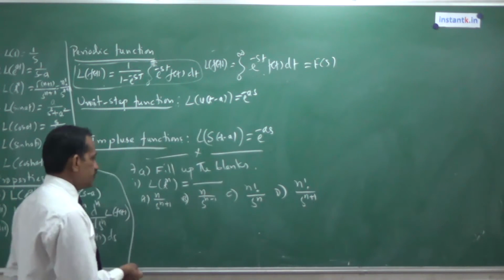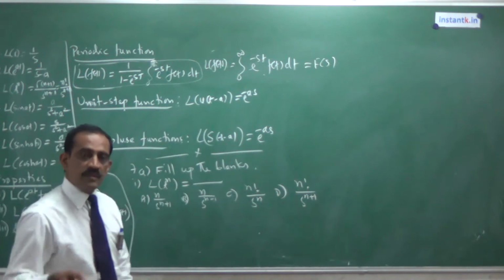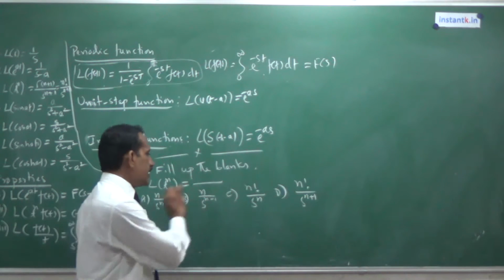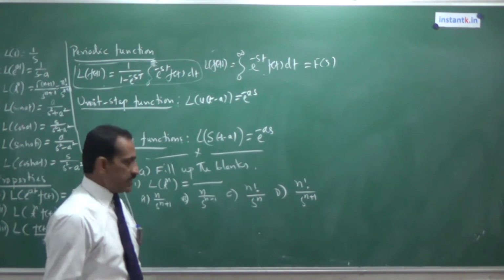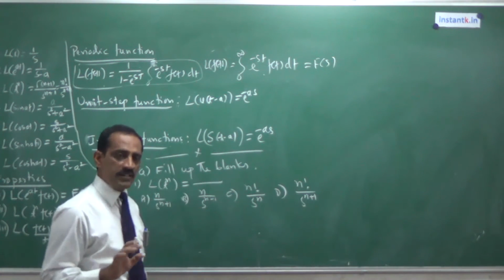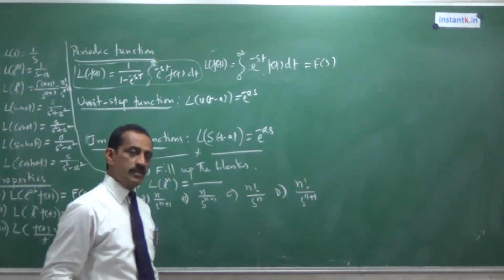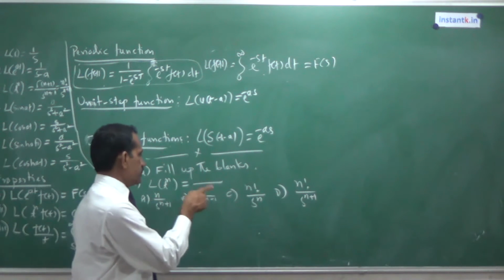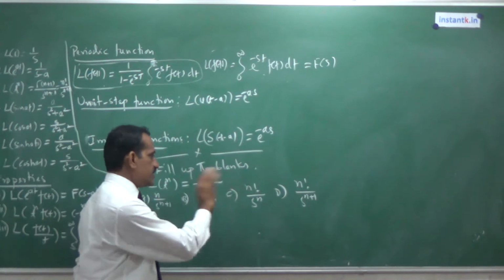Here you have to note that we don't know what n is. If it is an integer, then only you can write it in terms of factorials. Otherwise, you have to write the answer in the gamma function, but that option is not given. So we have to choose the best selection.